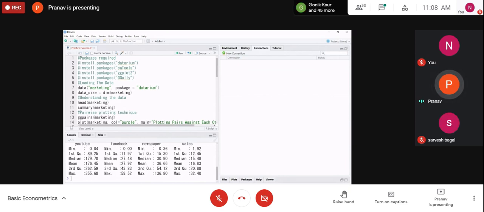Then your first quartile, median, is a function which gives you a nice statistical description of the data set that you have in front of you. Am I clear till here? Yes, sir. Okay, all right.